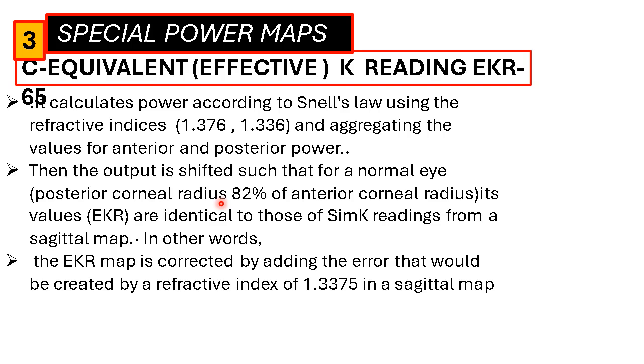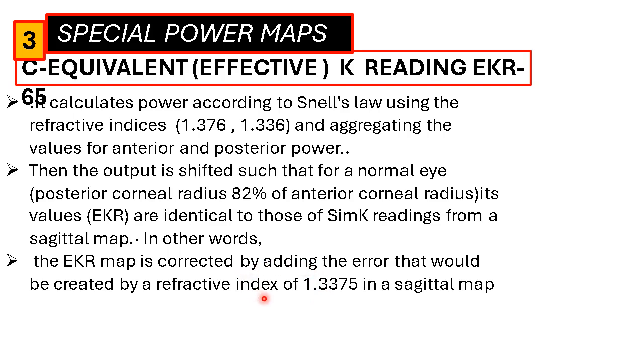Now, it is a little bit complicated, but what you need to know is that the effective K reading is a K reading corrected for the assumption that the refractive index is 1.3375. This is a historical mistake made since many years back, that the cornea has a single refractive index of 1.3375, and this is the same which is used in the IOL master.